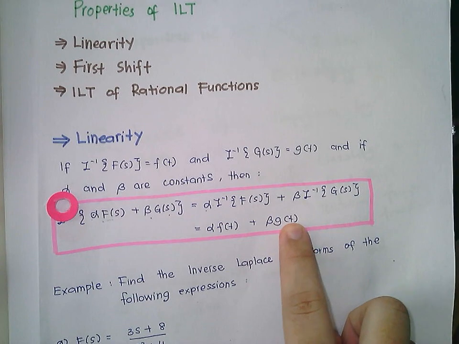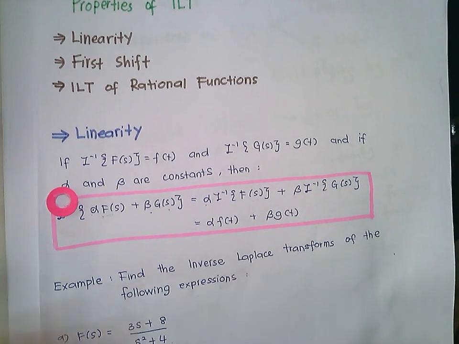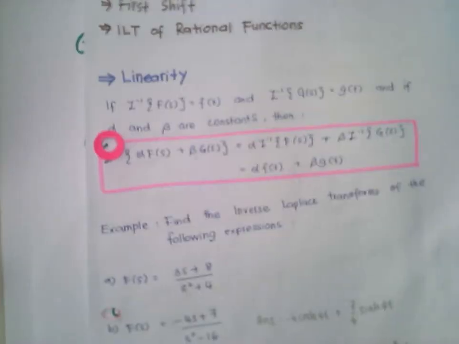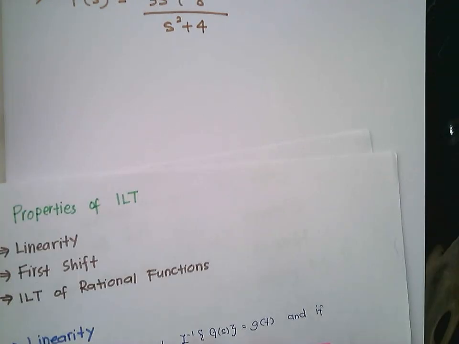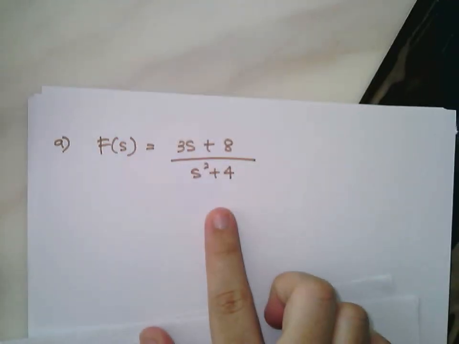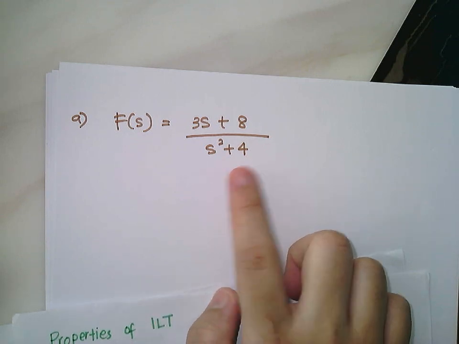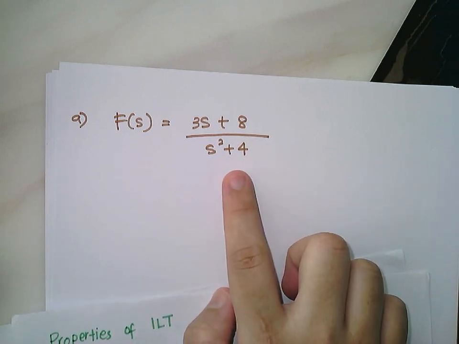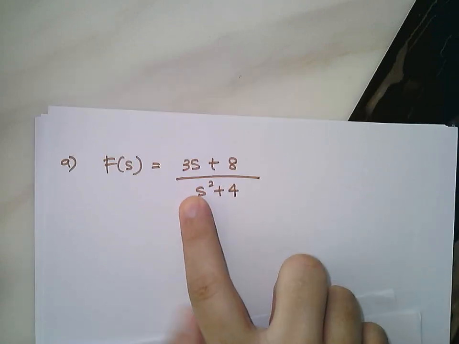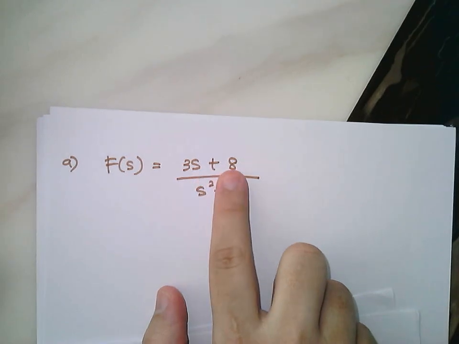As you can see in this example, you cannot get the inverse of this function directly from the table, because you have a combination of a variable plus a constant in the numerator.